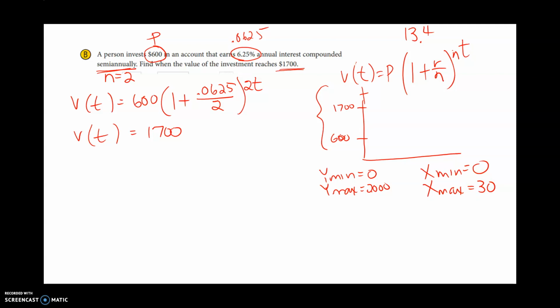Let's see what we get, right? So I'm going to graph these two equations. All right, 600 raised to the 2x. Boy, I hope I put that equation in right the last time. 1,700. I'm going to graph it. Well, I didn't change my window yet, but let's see what we got.